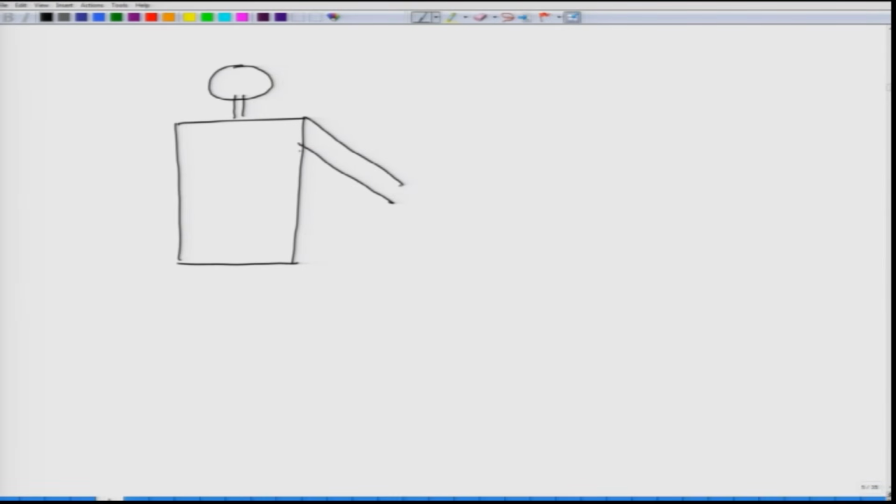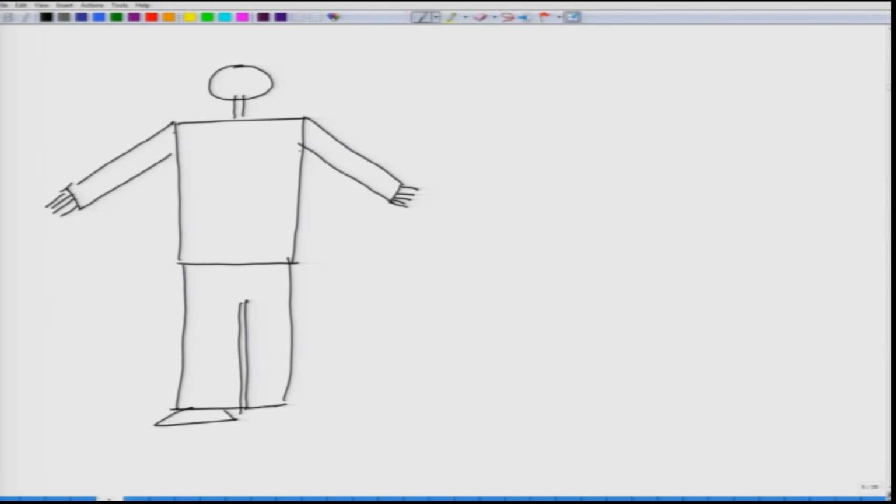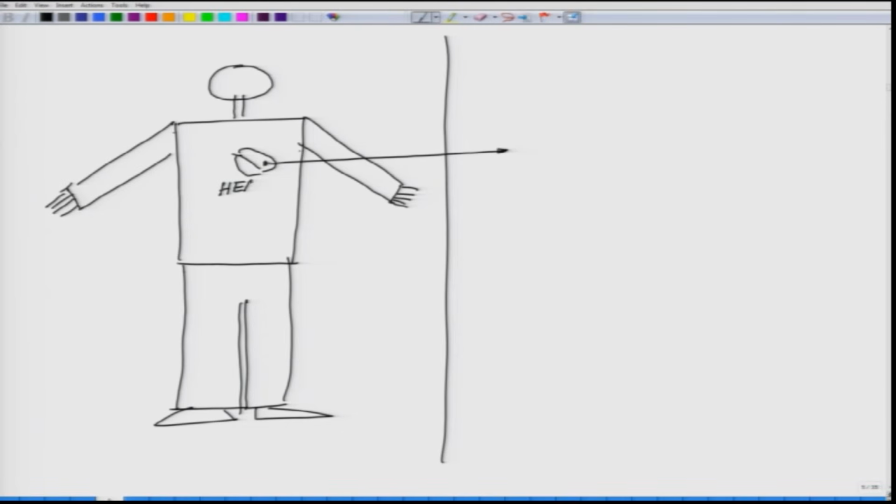Say for example, this is an intact in vivo system, and say for example, I took a part of the cardiac tissue outside. Okay. This is the heart.